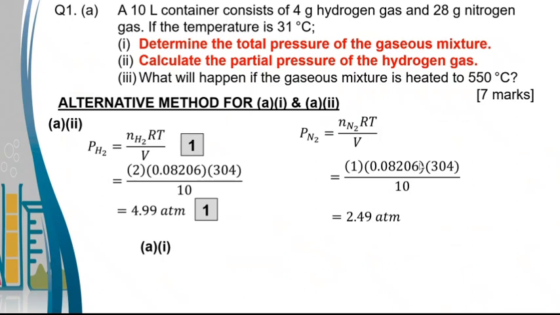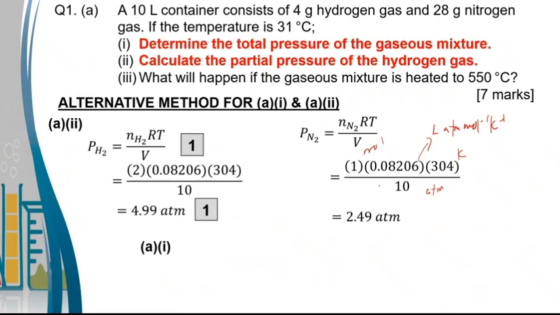All the units for all the other variables must comply with the unit for the gas constant, which is liter atm per mole per Kelvin. That means the temperature must be in Kelvin, the pressure must be in atmosphere.